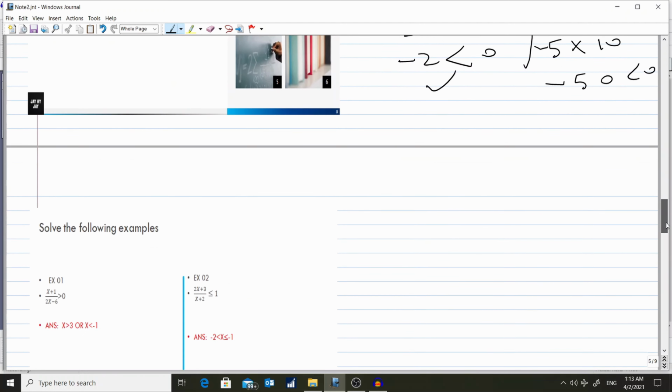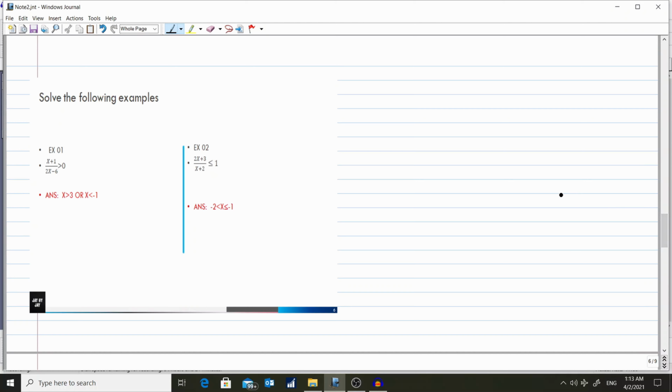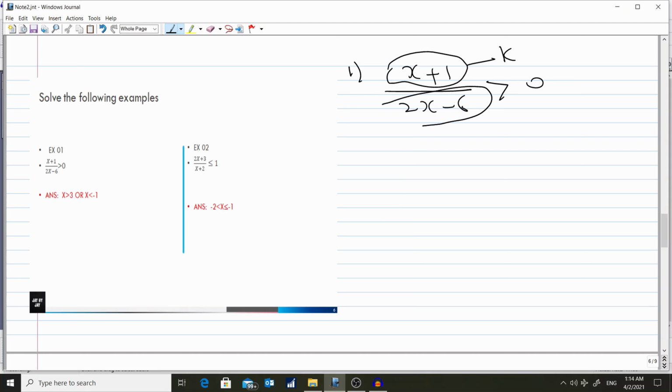Let's move to the next slide. Again, we have some examples to solve. The first one is x plus 1 divided by 2x minus 6 greater than 0. We need to find the x values that satisfy this expression. We can take the numerator as k and the denominator as y.